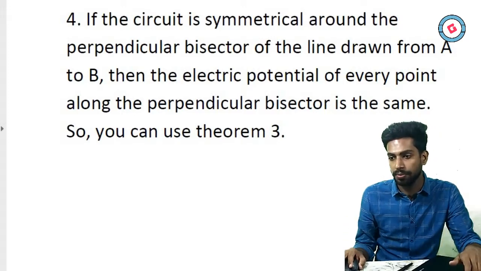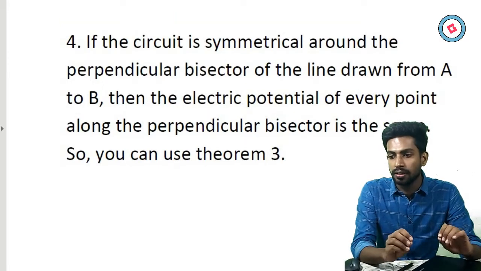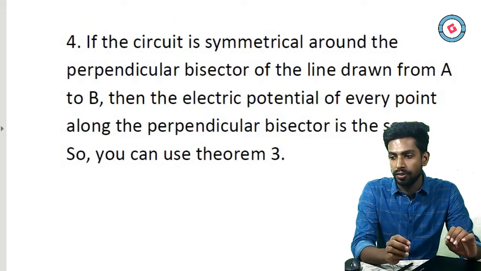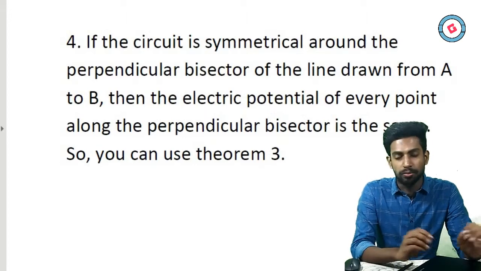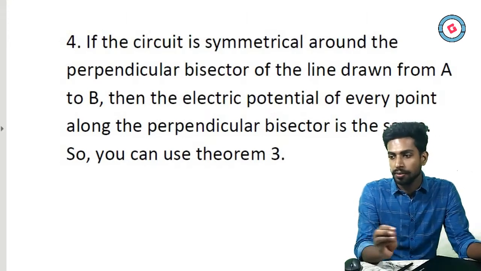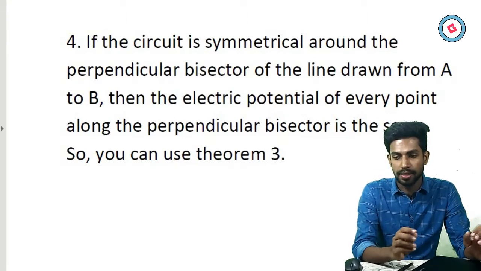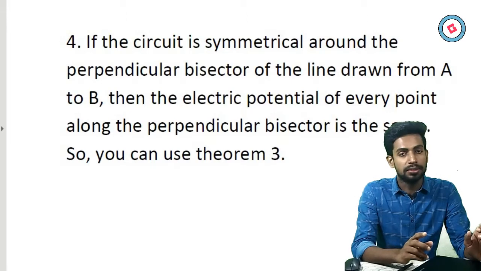For example, theory 4 says, if the circuit is symmetrical around the perpendicular bisector of the line drawn from A to B, where A and B are the electrical system's starting and ending points, then the electrical potential of every point along the perpendicular bisector is the same. So you can use theorem 3.